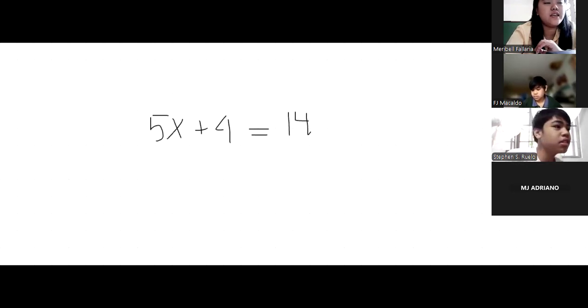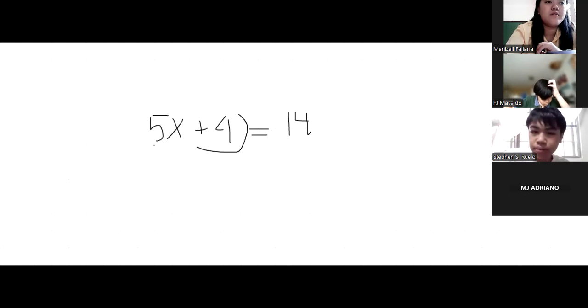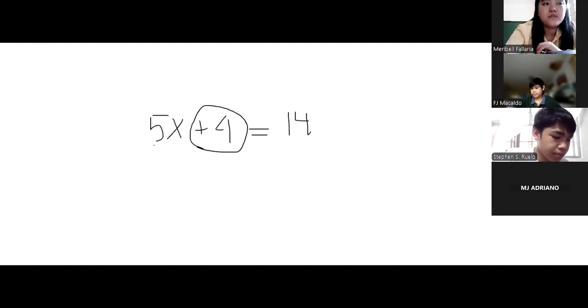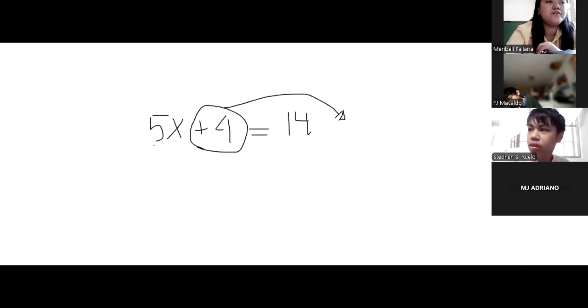Okay, are you listening? What are we going to transfer? The constant, the number without the variable. So transfer to the other side. Positive 4, if we transfer it, will become negative 4.